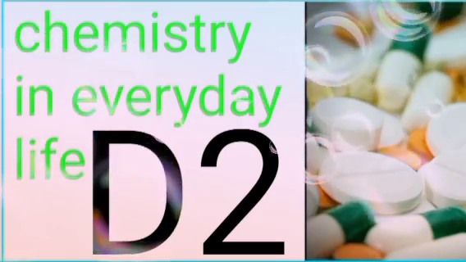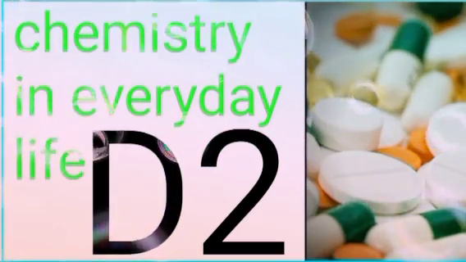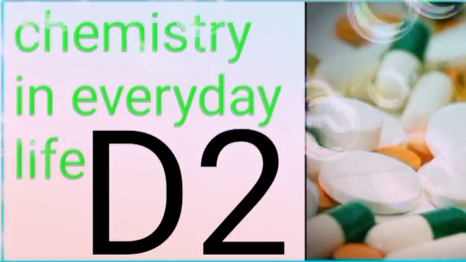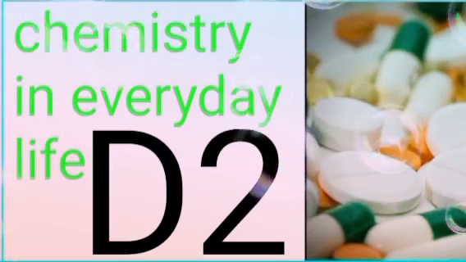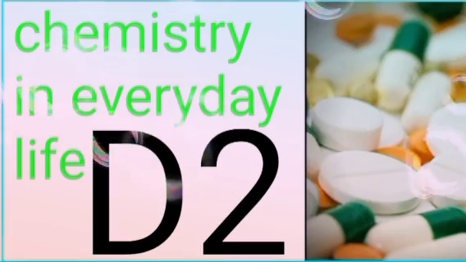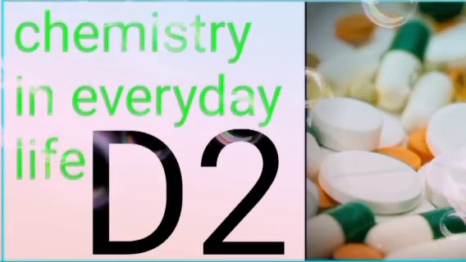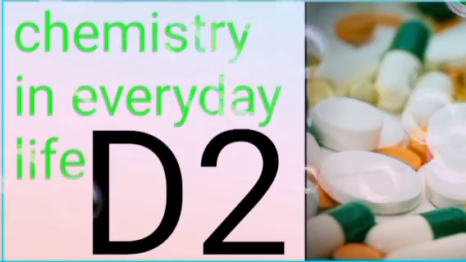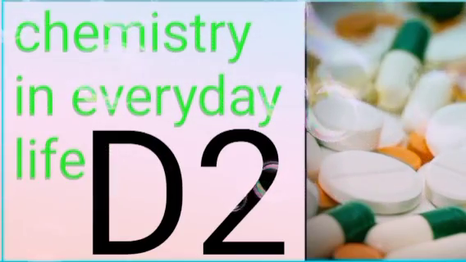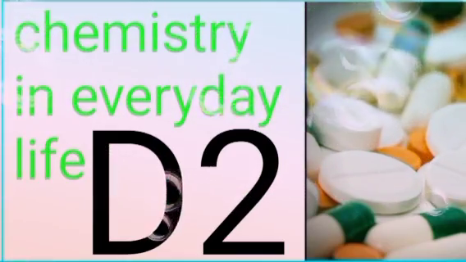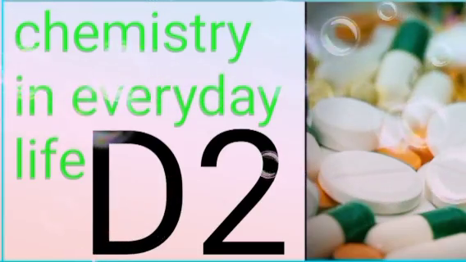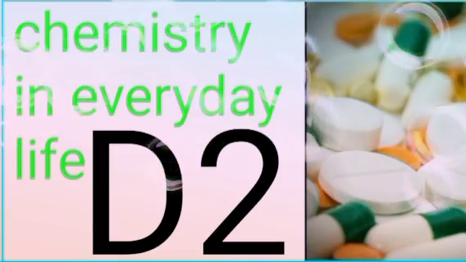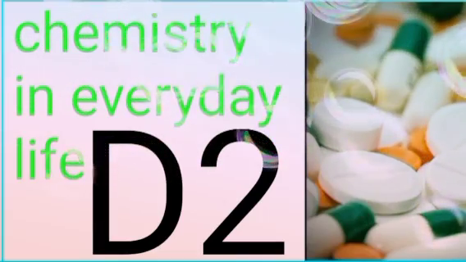Next, now the question that arises: why do the above mentioned antihistamines not affect the secretion of acid in the stomach? Yes, why do the mentioned antihistamines not affect the secretion of acid in the stomach? The reason is that antihistamines and antacid drugs work on different receptors.